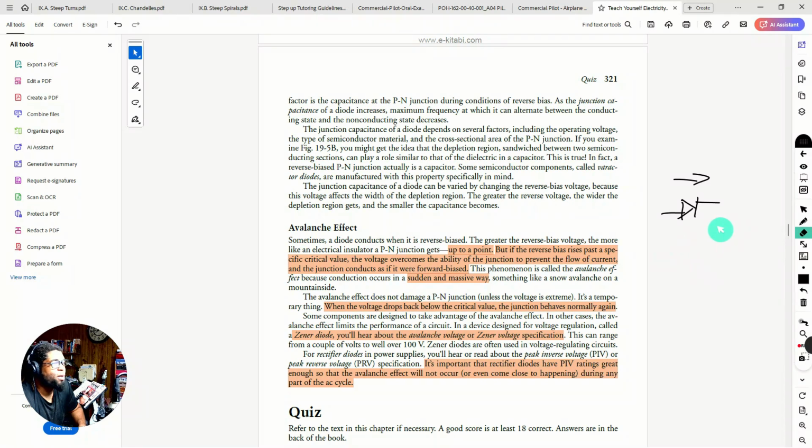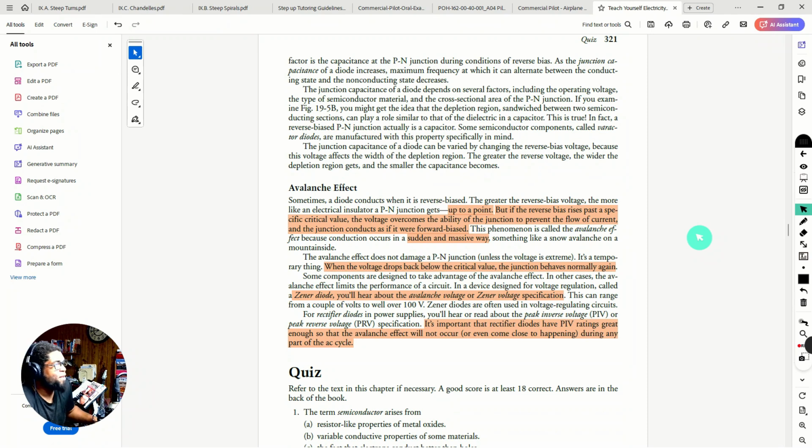And we're going to see in a little bit situations where reverse bias is utilized. The avalanche effect does not damage the PN junction. It's a temporary thing. When the voltage drops back below the critical value, the junction behaves normally again. Some components are designed to take advantage of the avalanche effect.